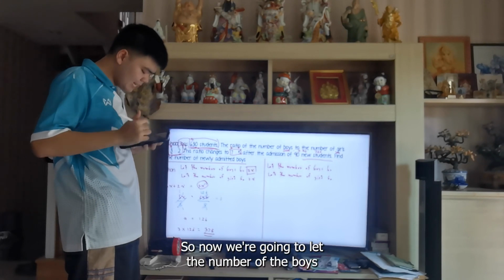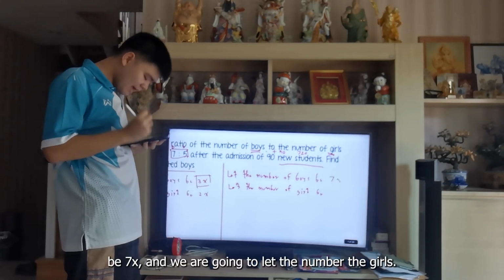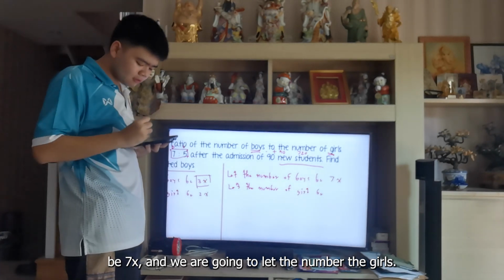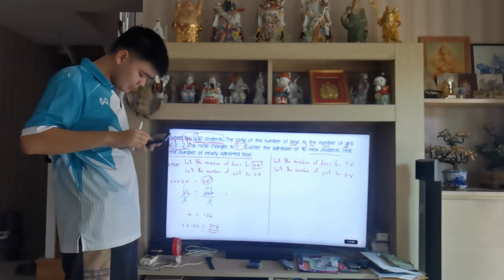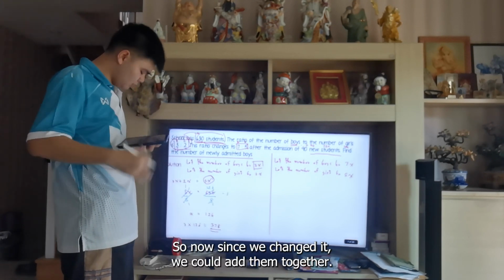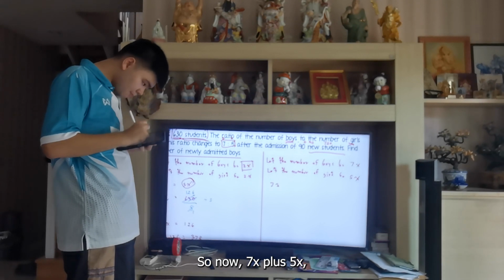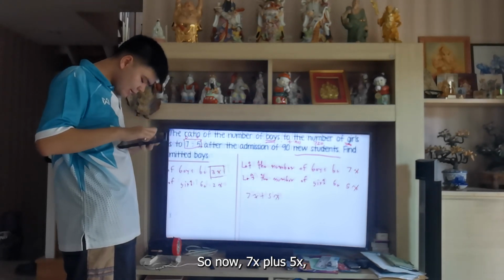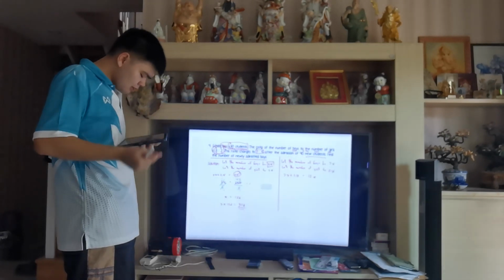So now we're going to let the number of the boys be 7x, and the number of girls be 5x. Since we changed it, we can add them together. So 7x plus 5x is equal to 12x.